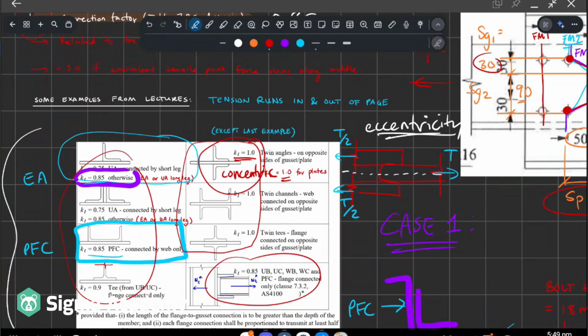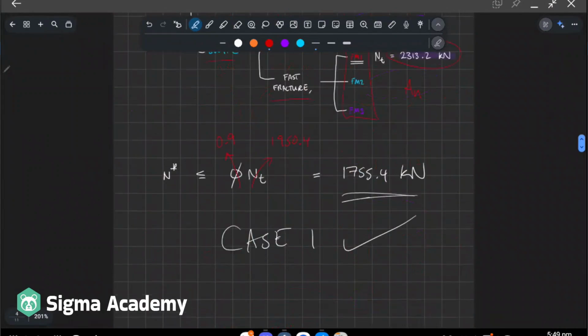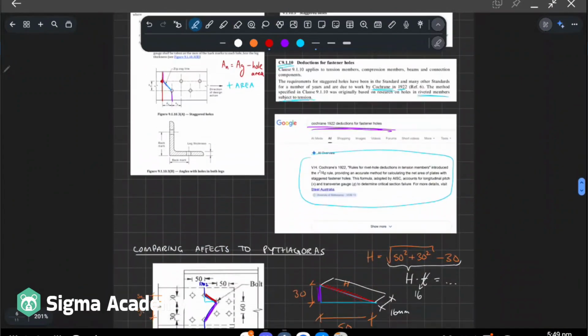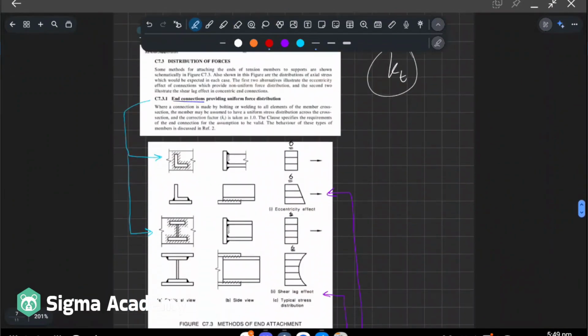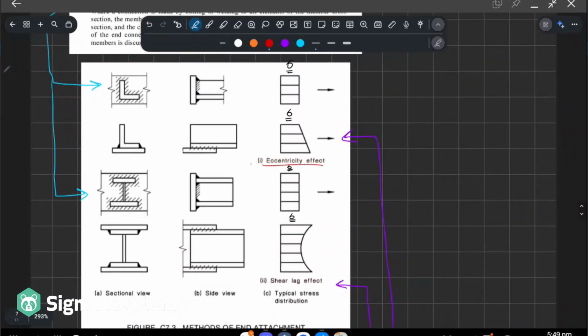So that's kind of what this one is, and it's actually easier to see from what they said in the commentary. Because these are two slightly different things, eccentricity and shear lag. So eccentricity is that thing that I talked about, where you might have an equal angle and a plate, like how they're drawn here. But where the tension force is going might be a bit offset.